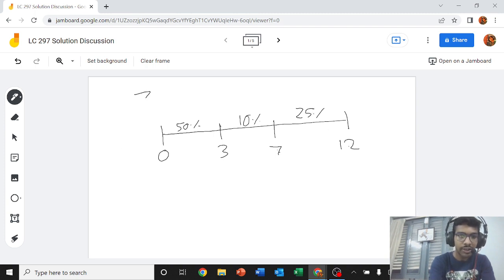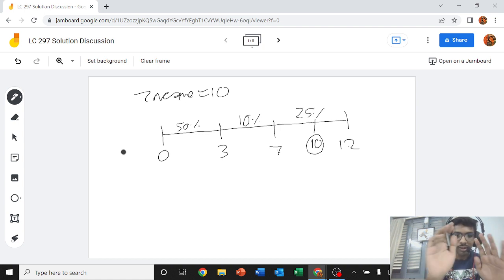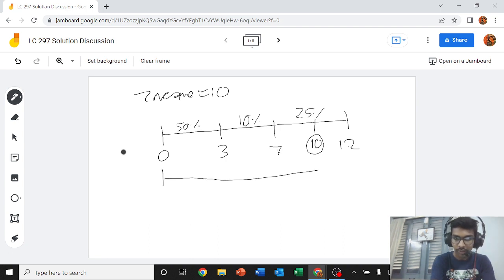And we're given the income 10. That means we need to calculate the tax till the amount 10. So given the income 10, we need to determine the total tax we need to pay.